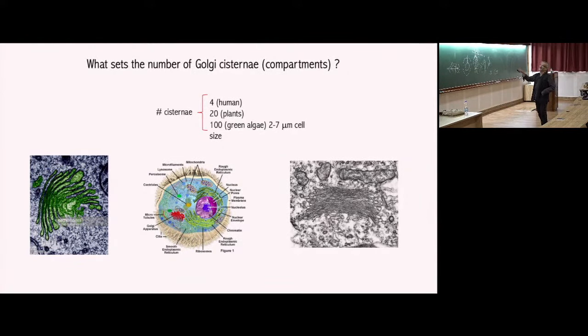In green algae, it turns out, even though they're pretty small, that's the size range of the green algae cells, the claim is that there are around 100 Golgi cisternae. So that's remarkable. This diversity in the number of these organelles in different species is quite remarkable, and of course calls for an explanation.